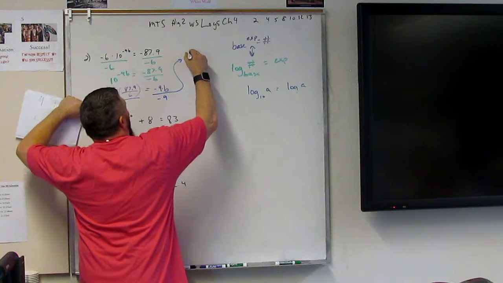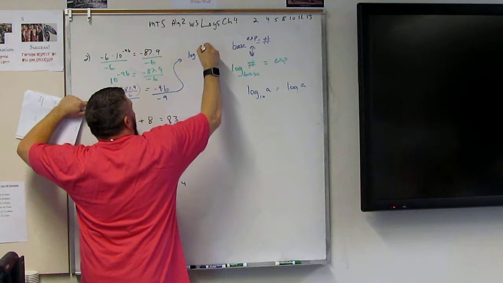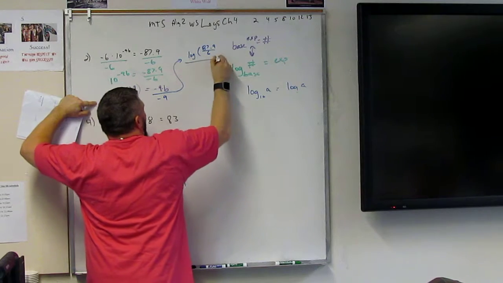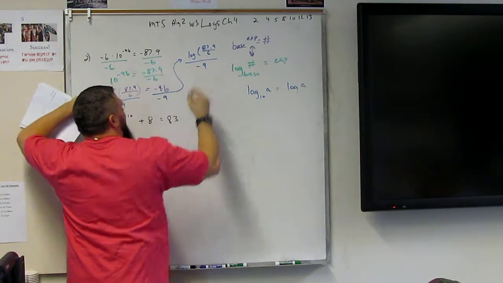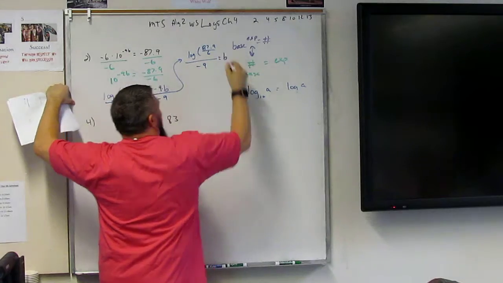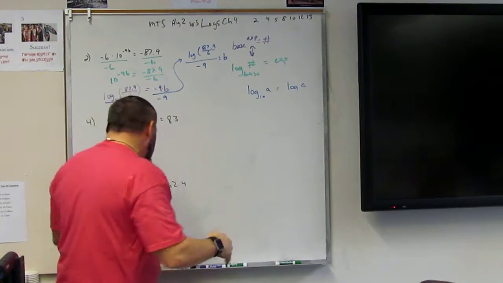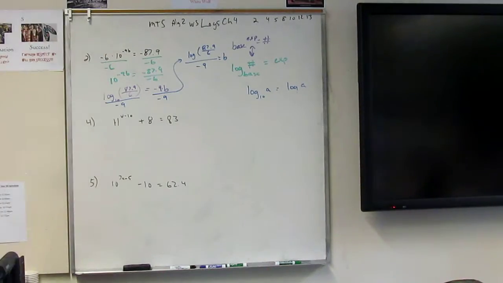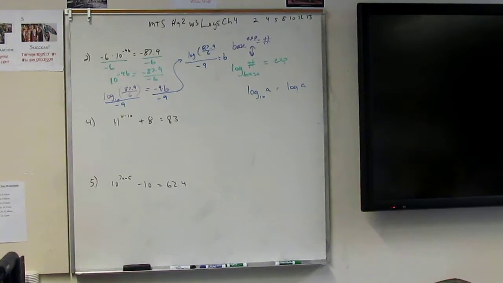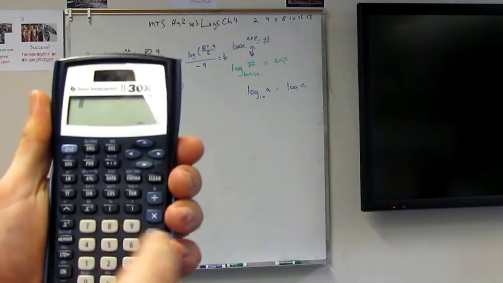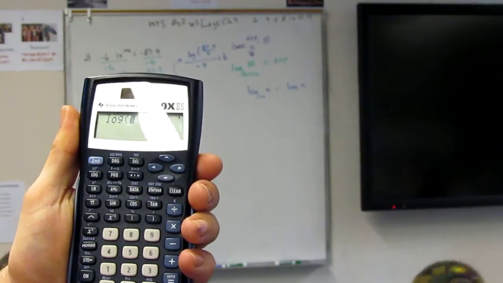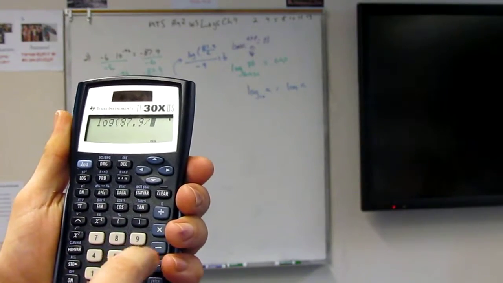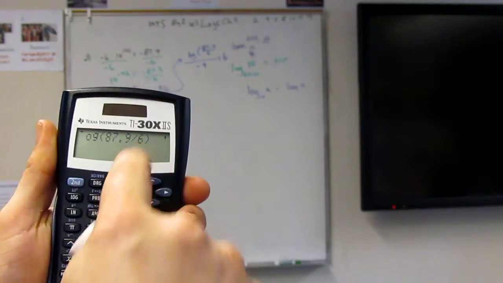So it's going to be log of 87.9 divided by 6, all over negative 9. That's what equals b. Okay? And then I just take it to my calculator. I do log of 87.9 divided by 6 in the parentheses.